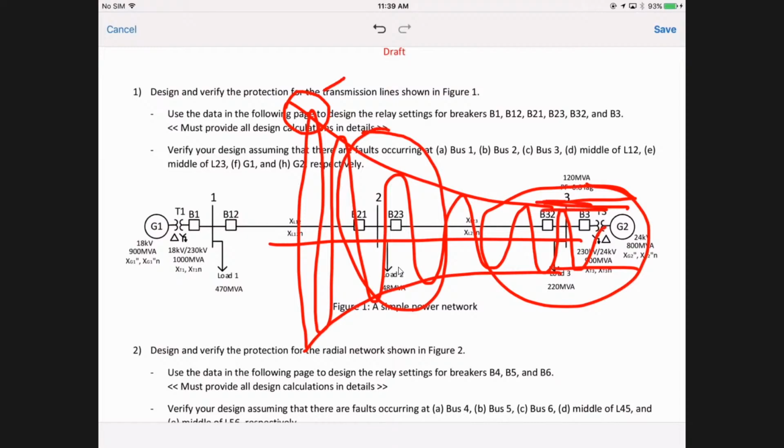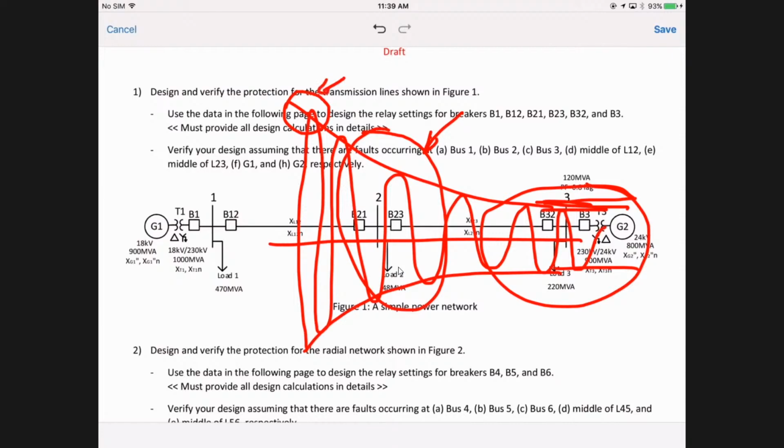We have already gotten used to the steady state. Most of our previous coursework is steady state, load flow and all this. Transient is the stability, which we'll also touch on in this course.